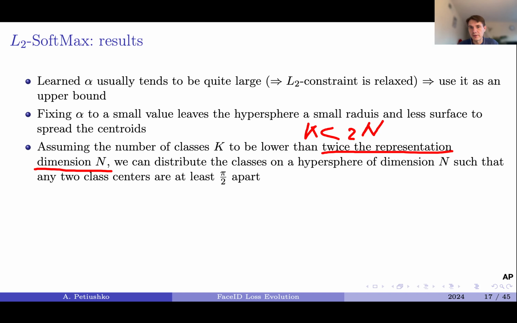And even more, some two classes would have even pi angle between them.